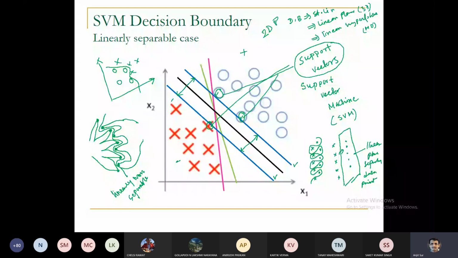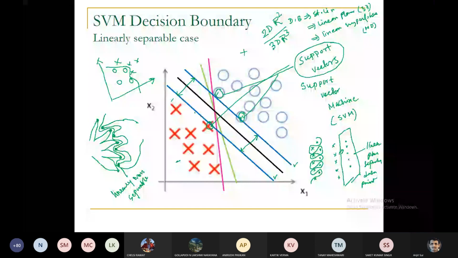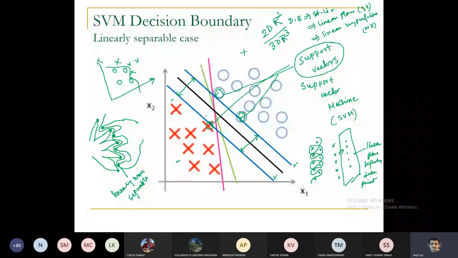Getting my point? If you are not getting it, I'll repeat it because it's very interesting. The question is that the point clouds may be non-separable in a particular dimension, but if we transform, if we project into a higher dimension, you may have a linear hyperplane in that higher dimension separating out the data points.